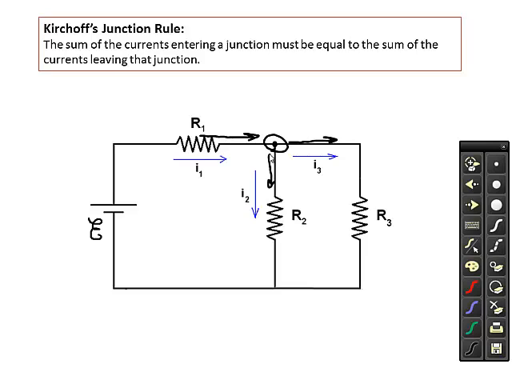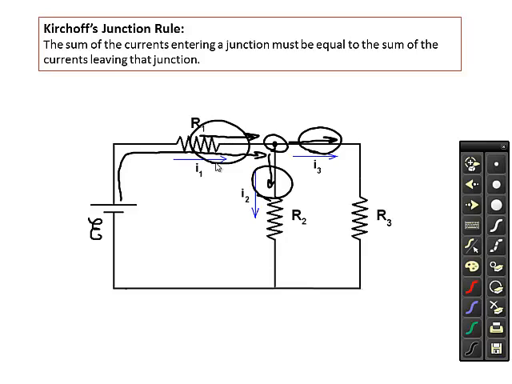Current is totally different. Current is kind of like cars on the highway. If 20 cars come out of the garage and start heading down the highway and they reach a turn, some are going to go straight and some of them are going to turn right. The total number of cars going straight and the total number of cars turning right have to add up to what you started with, assuming no accidents, no breakdowns, because that doesn't happen to electrons.